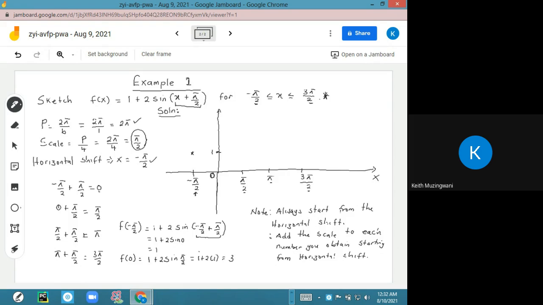So we have 0, 3. Another point. Then we go to f of pi over 2. We get 1 plus 2 sine of pi over 2 plus pi over 2, which gives us pi. Sine pi is 0, so we obtain 1. So we have pi over 2 comma 1.